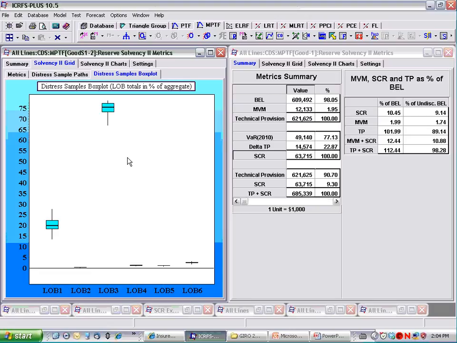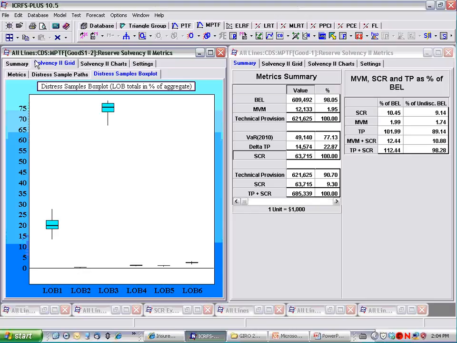So when the aggregate is in distress, it's mainly coming from LOB3 in terms of the value of the losses, and LOB1. And any surpluses in LOB4, LOB5, LOB6 are going to be minuscule. And also, when you're looking at the 99.5 percentile, a lot of the losses will exceed the mean, which means you won't have a surplus.